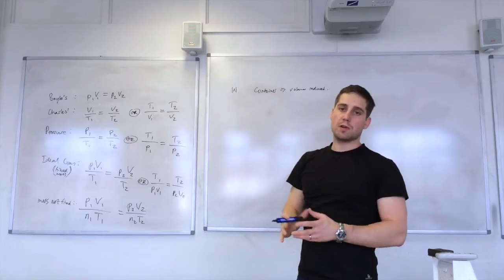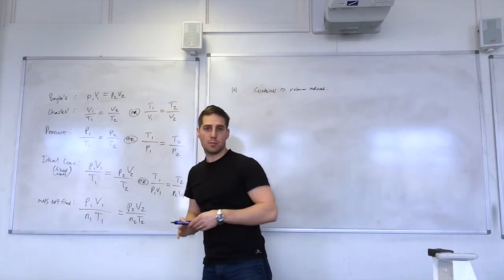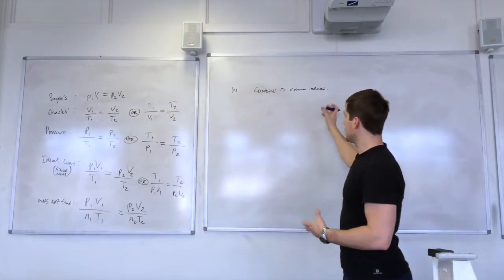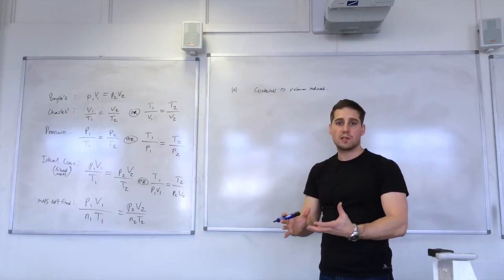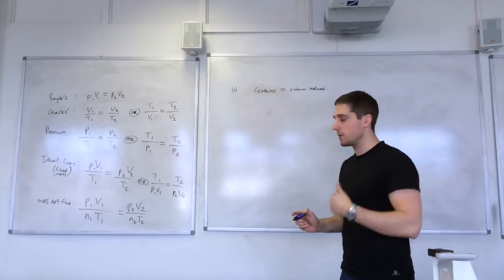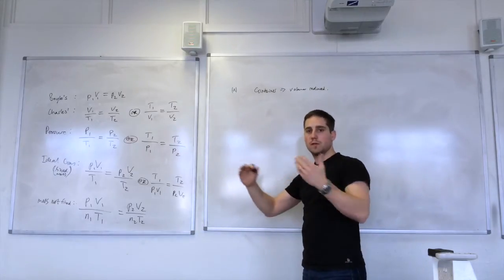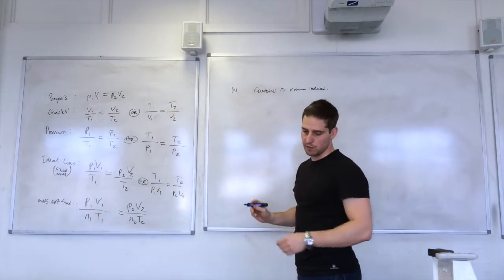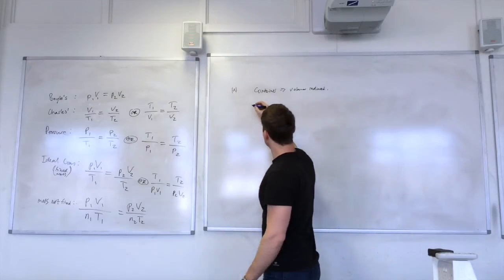That increases the pressure because we already know that it's inversely proportional. So if you reduce the volume of the container, that will increase the pressure, and we need to find out what the new pressure is if we know what the initial and final volume is and what pressure we started off with.